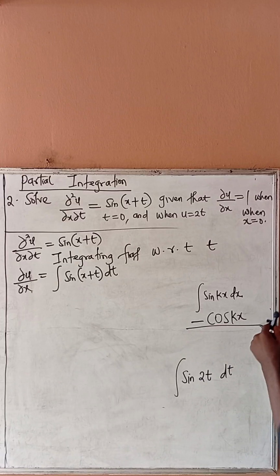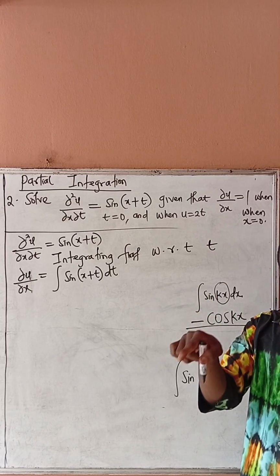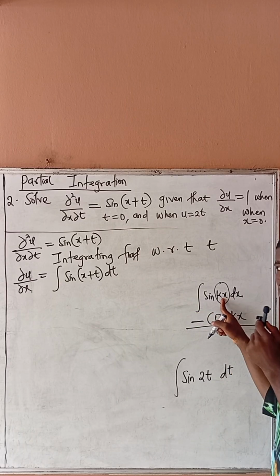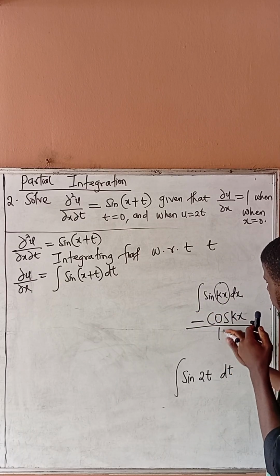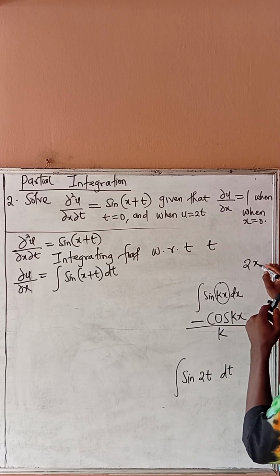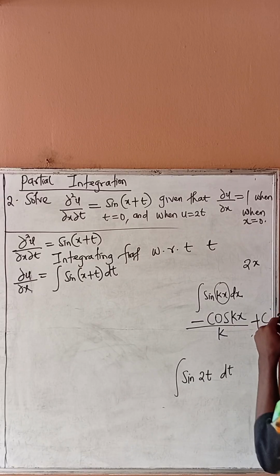Then the rule says divide by, you see this kx, differentiate it. What will you get? If I differentiate kx with respect to x, I'll get k. As a matter of fact, if I differentiate 2x with respect to x, I'll get 2. Then we add the constant of integration, right?